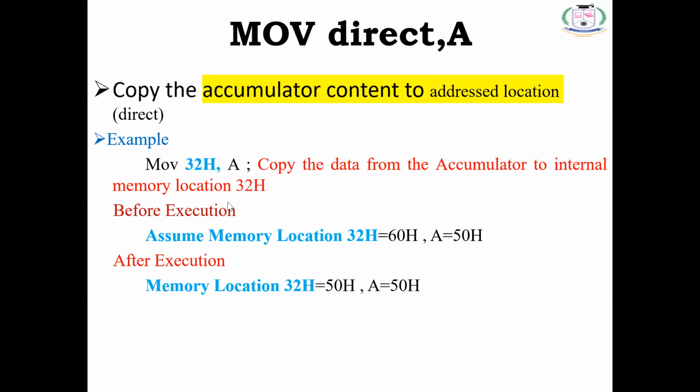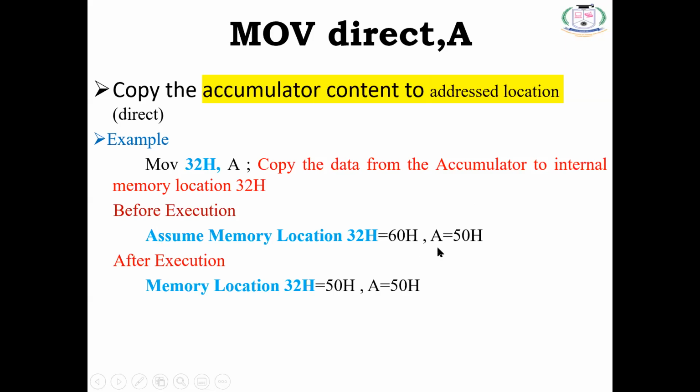Direct here specifies my memory location, 32H. Remember, I have put it in blue color to identify it's a memory. So copy the data from the accumulator to internal memory location 32H.